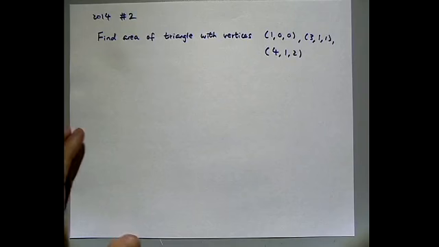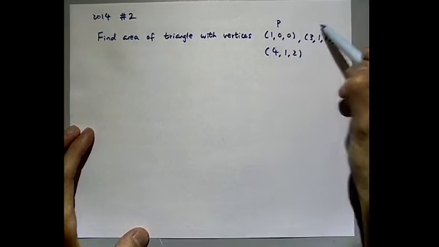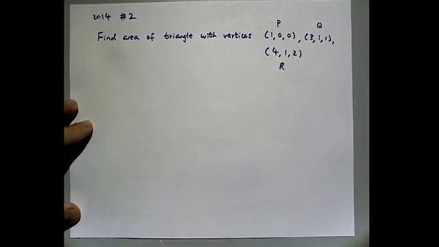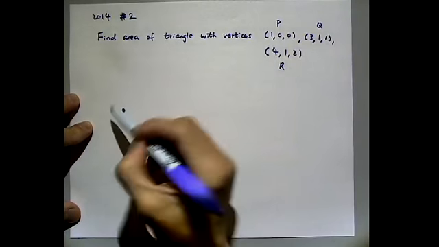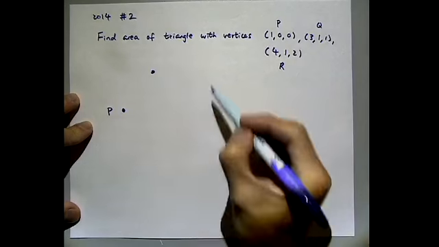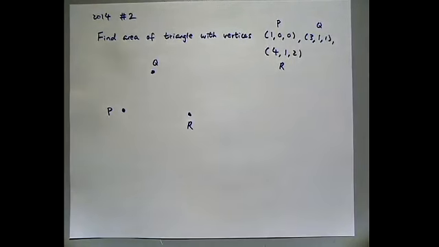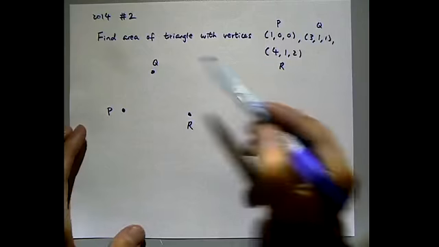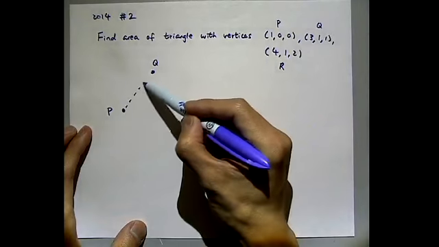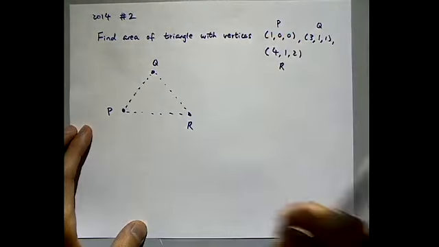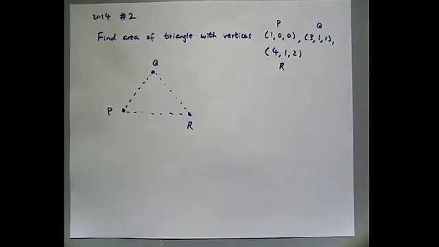Right? So what's going on here? We got 3 points. I'll call them P, Q, and R just so we can refer to them as something. So we got 3 points floating in space. So here's the triangle we're talking about. So what you can do here is use the parallelogram idea we just saw.